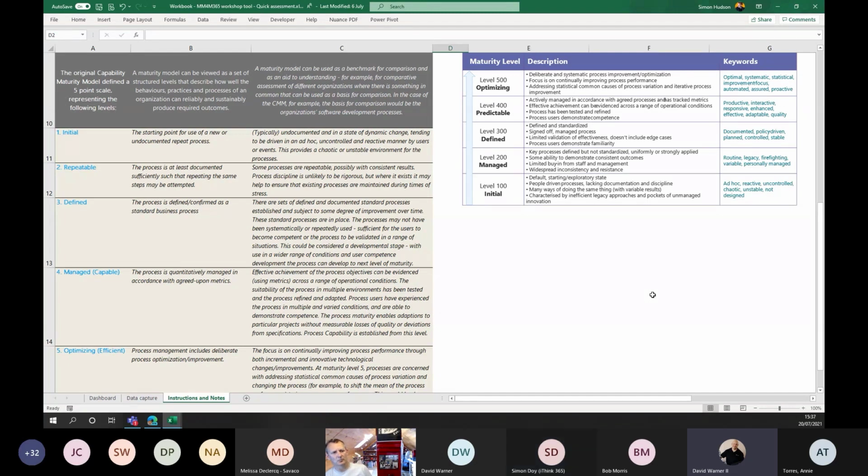The way that I've done it with some success is I tend to start with that simple chart on the right hand side of the screen, the level 100 through 500, because it's not too wordy and people can hang their thinking around the bullet points and the keywords. Then I ask people to pick a process and describe the content in that process, because content seems to be fairly easy to get your head around.